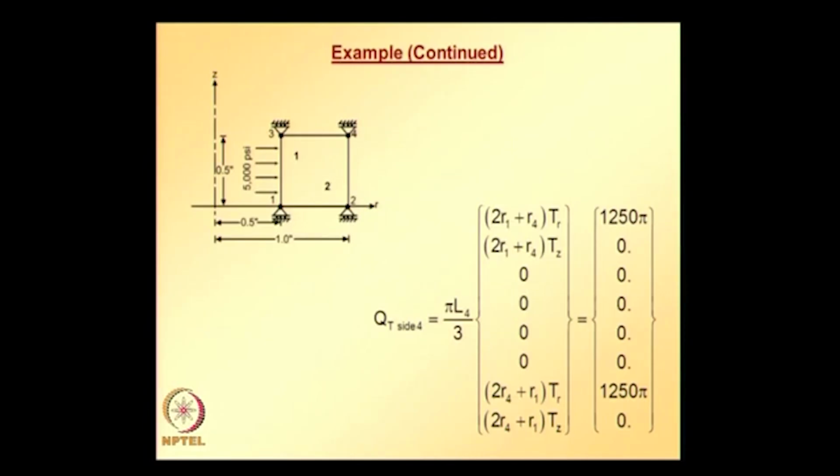The radial direction components at nodes 2 and 3 are 0, only non-zero are the radial components at nodes 1 and 4.